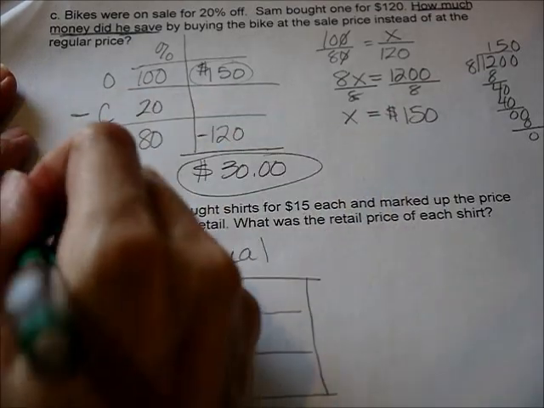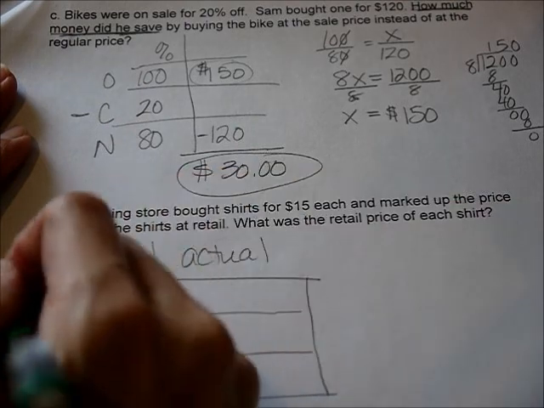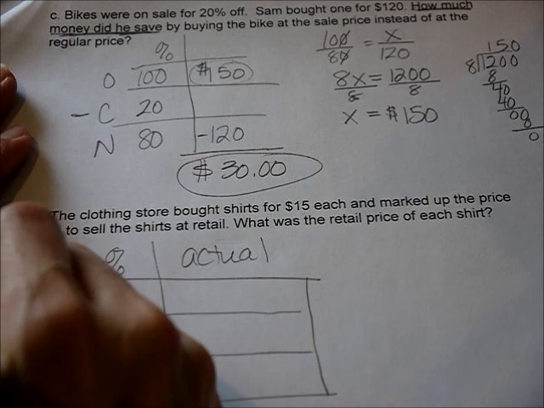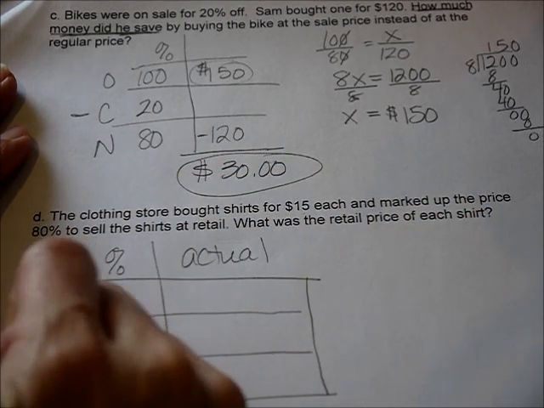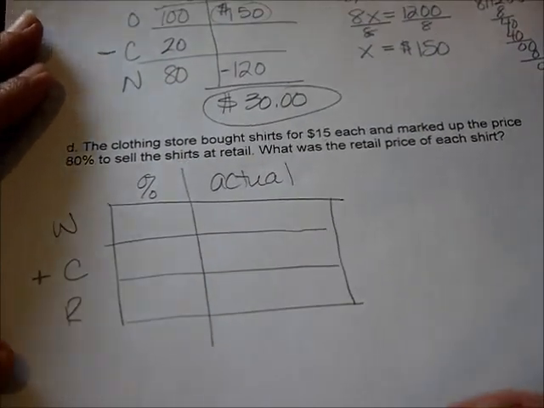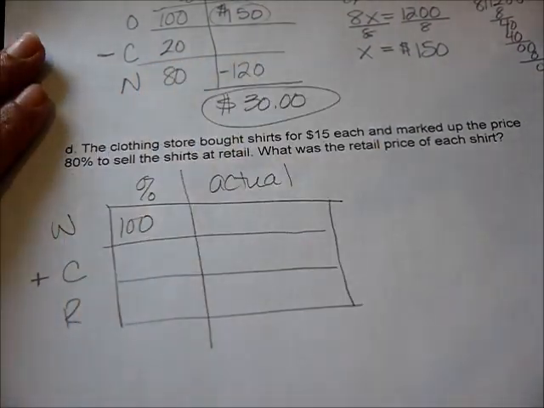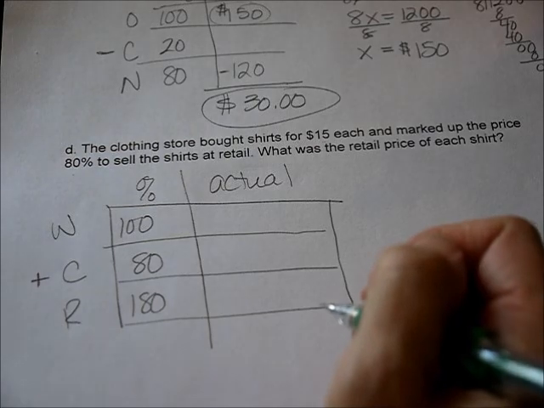So we're going to say wholesale minus the change, or marked up, plus the change. It's a markup. And retail is what you get after you do a markup, okay? So 100% was original, 80% is the markup, so now we're at 180% of the original.